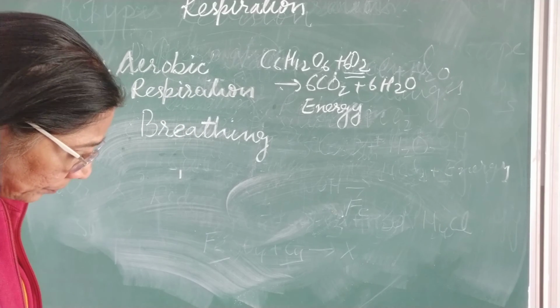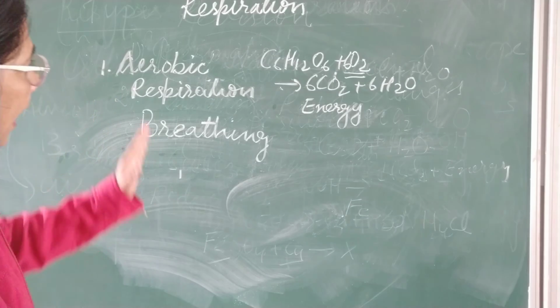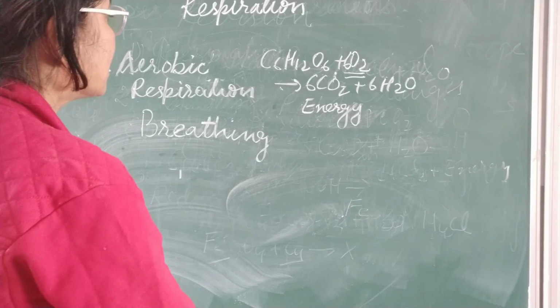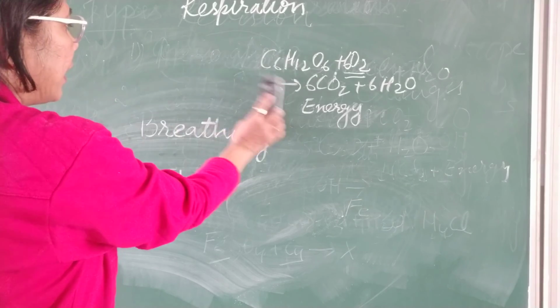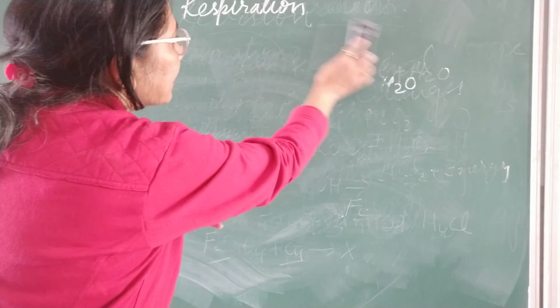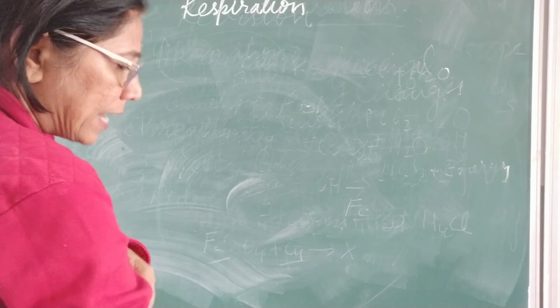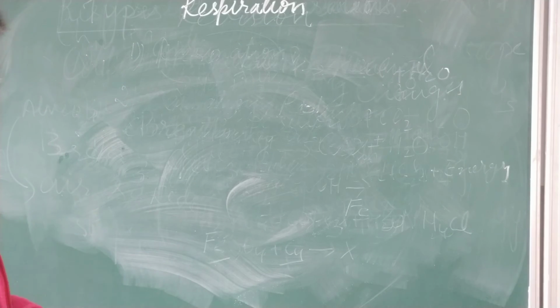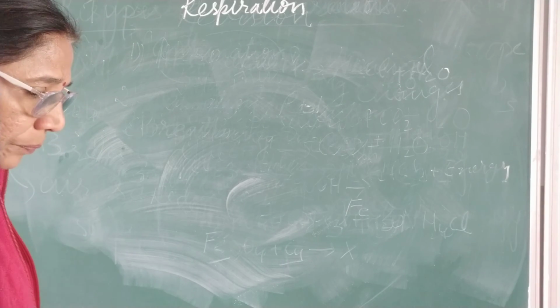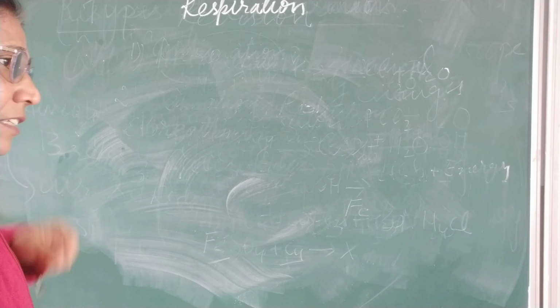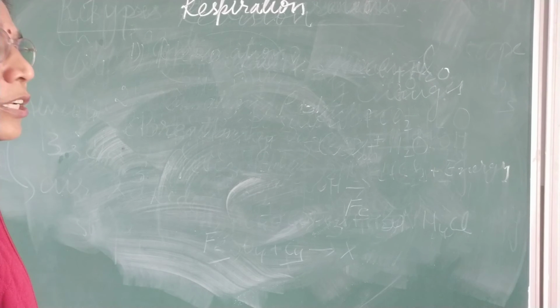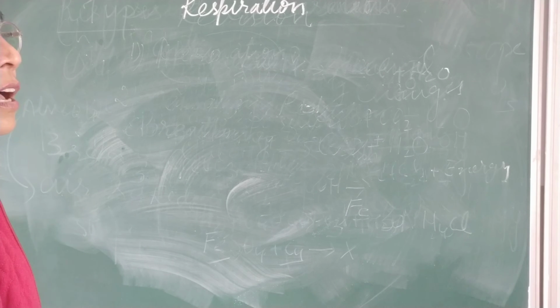Now sometimes anaerobic respiration takes place in our body also, when we do vigorous exercise. At that time the body requires a large amount of energy. But since the muscles do not get a sufficient amount of oxygen, they start respiring anaerobically.